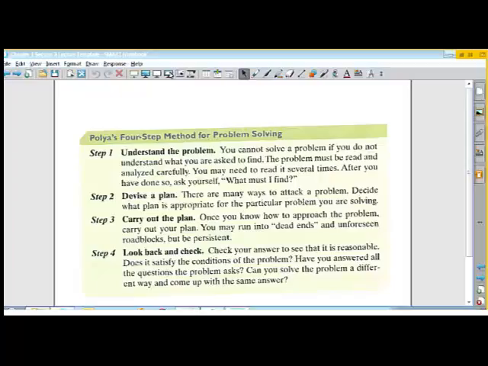But sometimes you can go back and check whether the answer makes sense. Is it on the order of magnitude that makes sense, meaning is it about the same size as what you would think makes sense? If we come up with a fraction of a person, less than one person, then that's probably not a good solution. So that's some general ideas about problem solving.